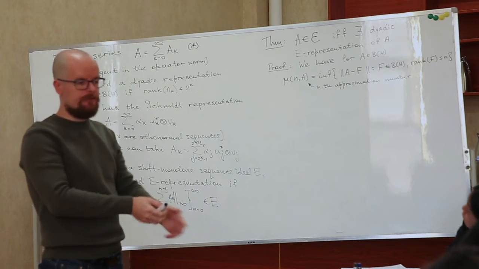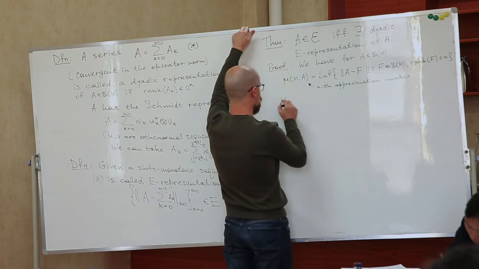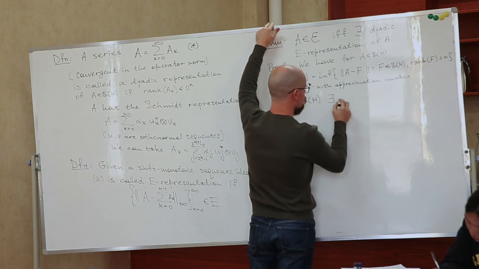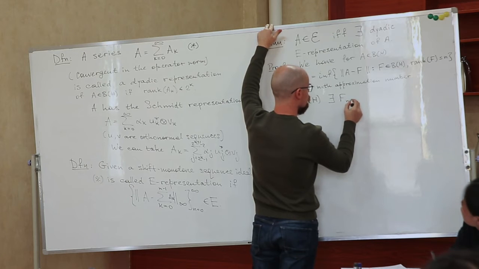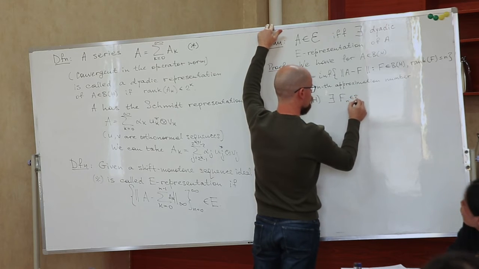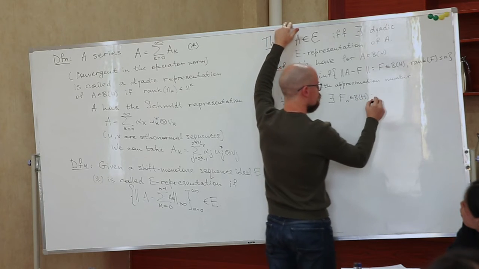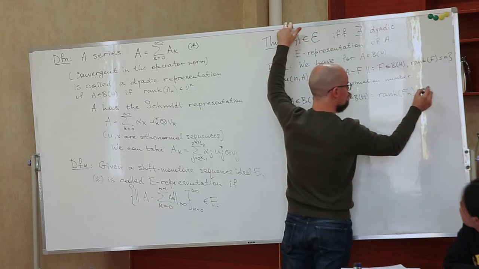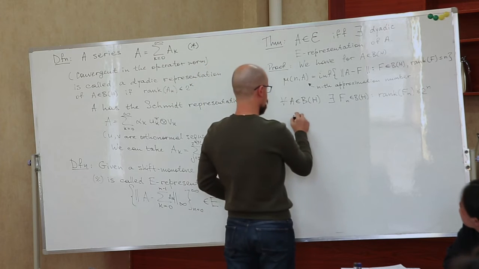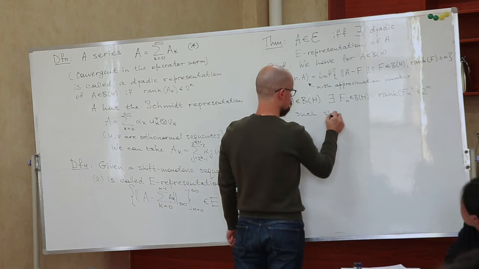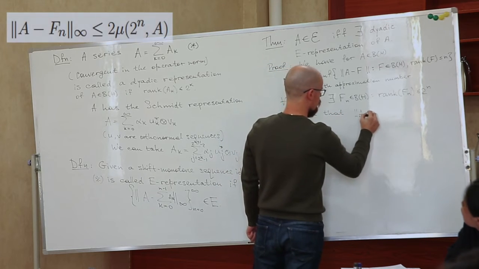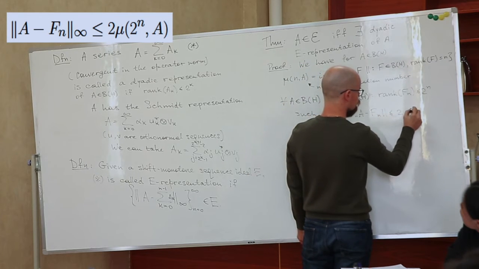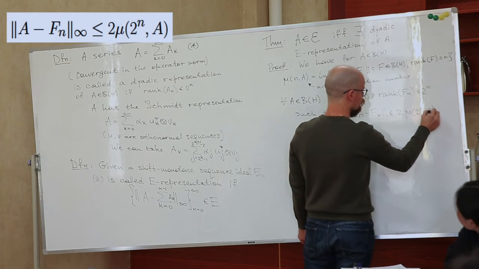Using this alternative definition, we can claim that for every bounded operator A, there exists a bounded operator F_n such that the rank of F_n is less than or equal to 2 to the power of n, and the norm of A minus F_n is less than or equal to 2 times mu at the point 2 to the power of n.